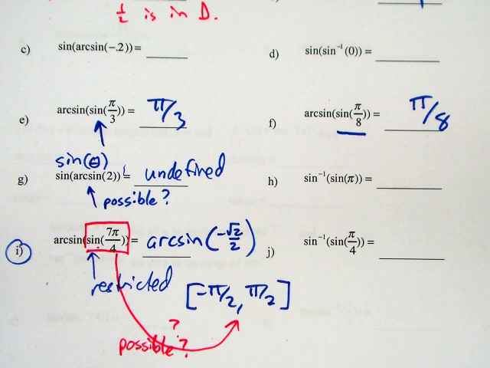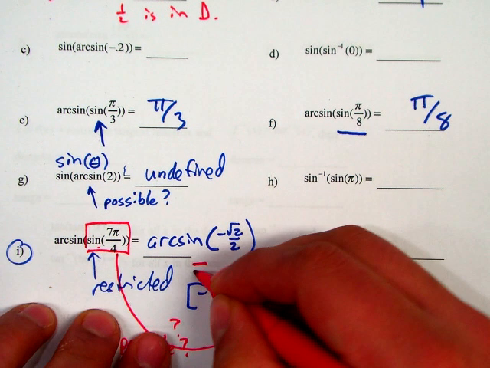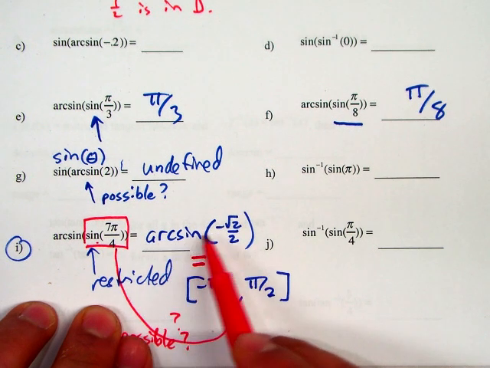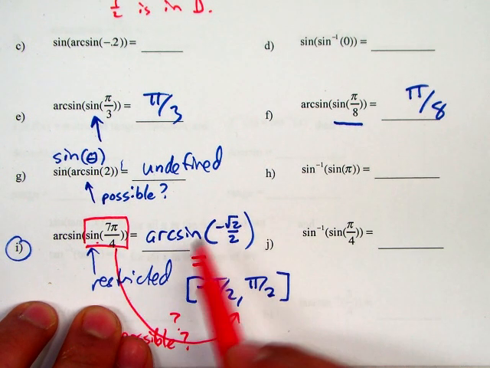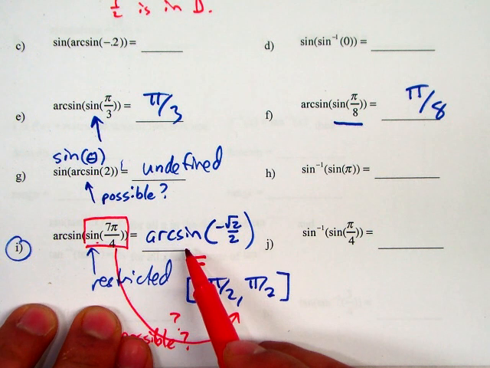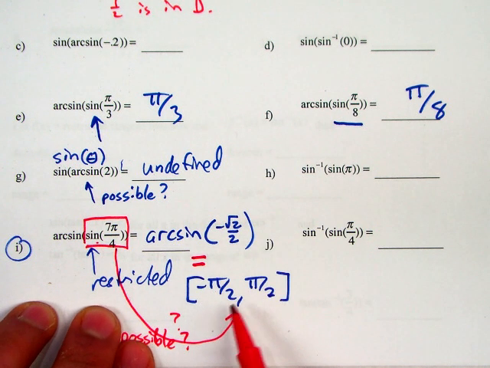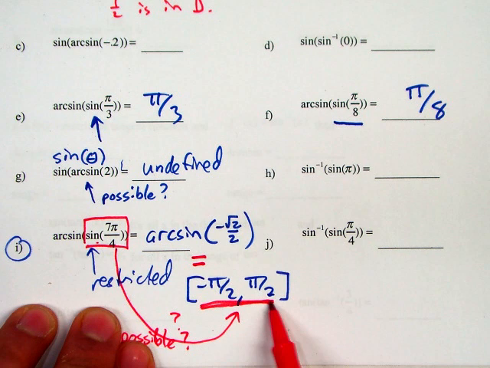But now to find our final answer, we have one more step to do. We need to find an angle, because we're doing the inverse. We need to find the arcsine of negative root 2 over 2. Well, it's nice because these are our possibilities.